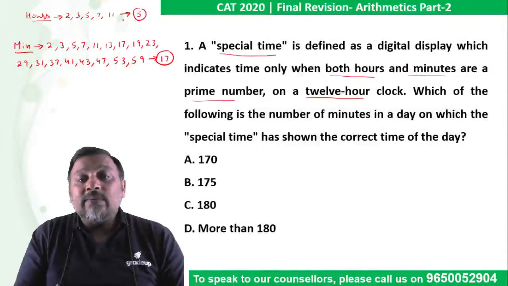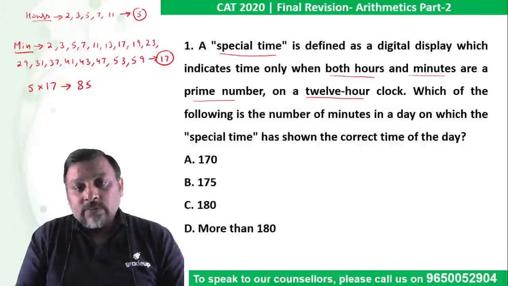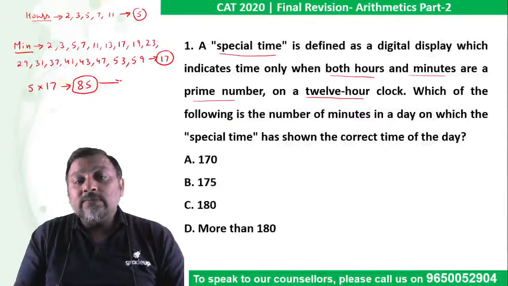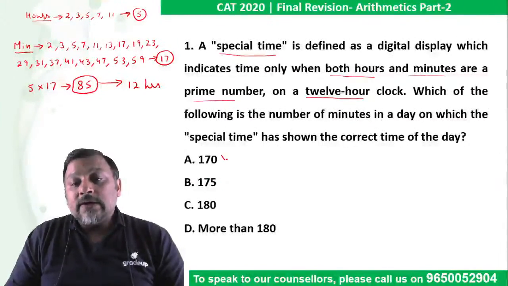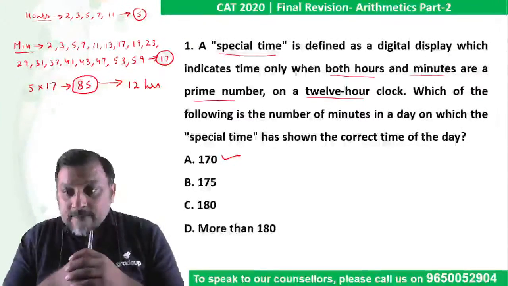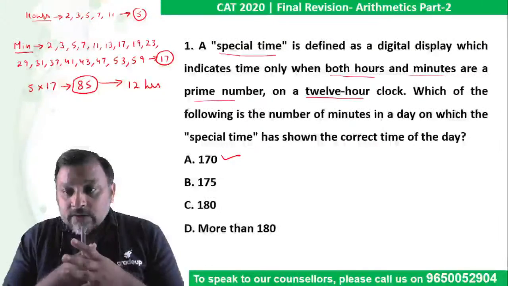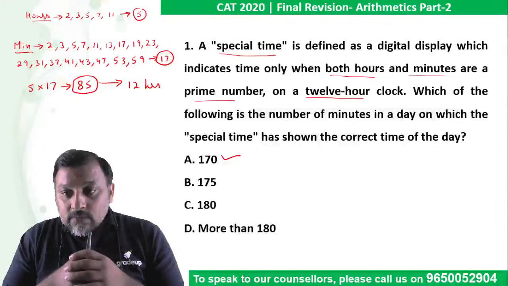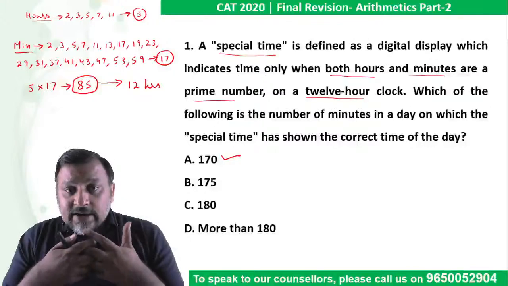So how many times will we have a combination of these? It is 5 into 17, that is 85 times. So 85 times in 12 hours. So how many times in a day? It is 170 times in a day. Is this clear, guys?